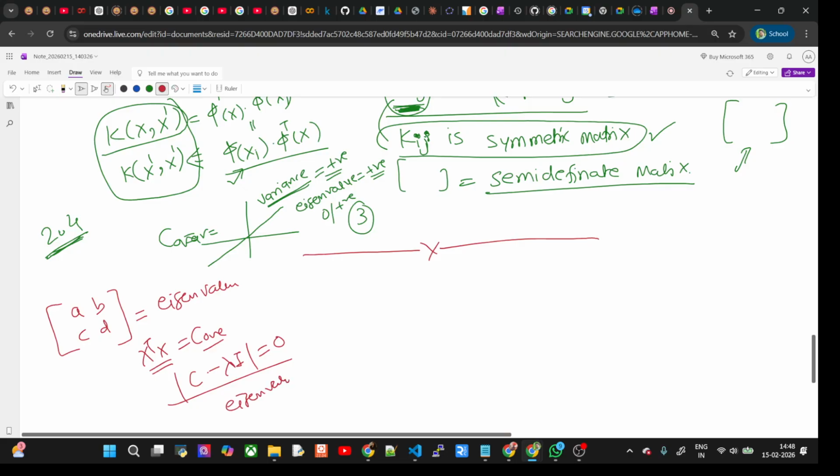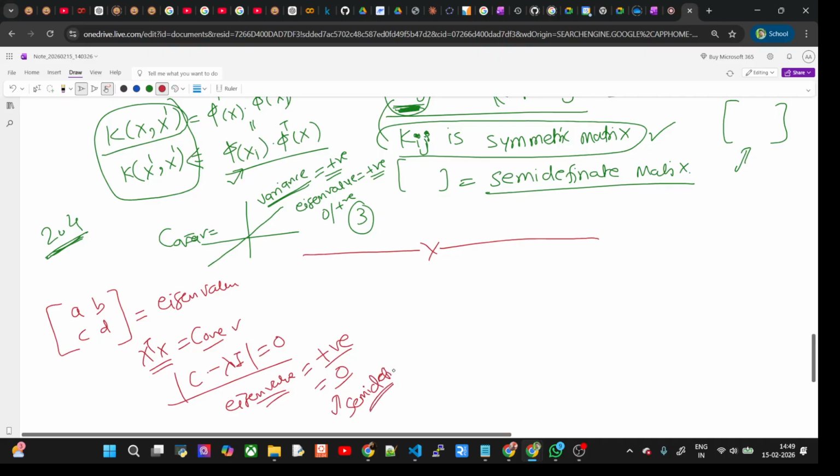And if the eigenvalues you have calculated are not negative, all are positive or 0, then the given covariance matrix, or the matrix from where you got this, is a semi-definite matrix.